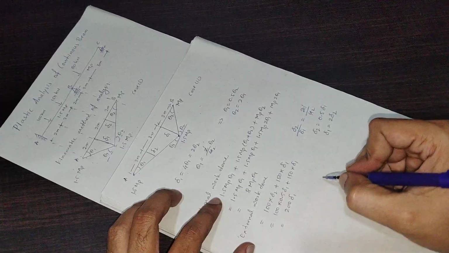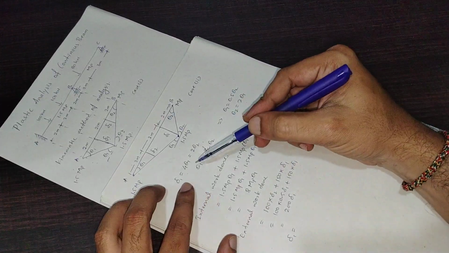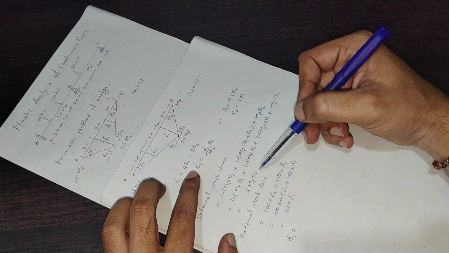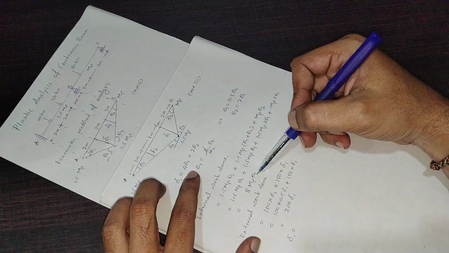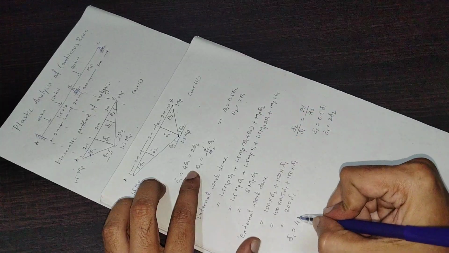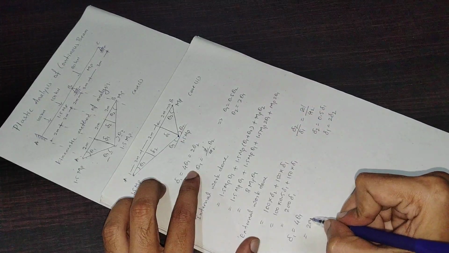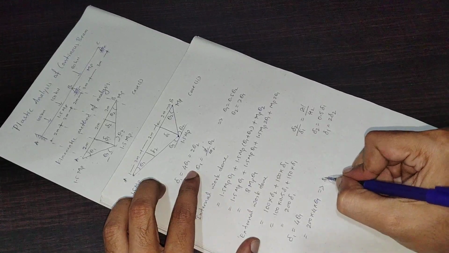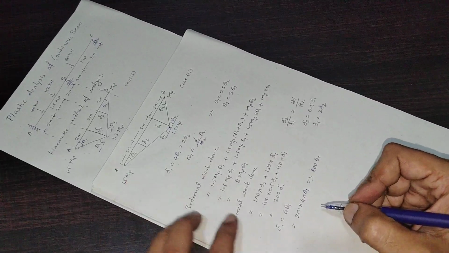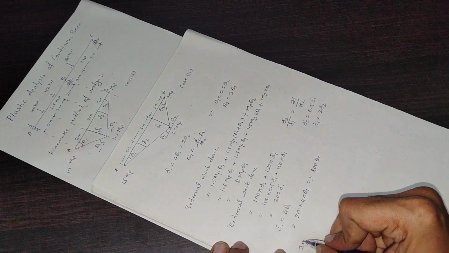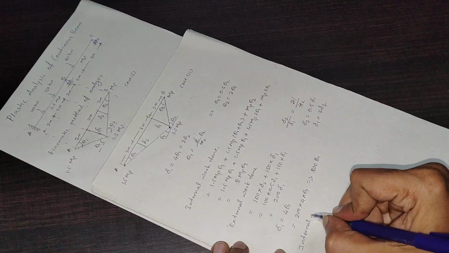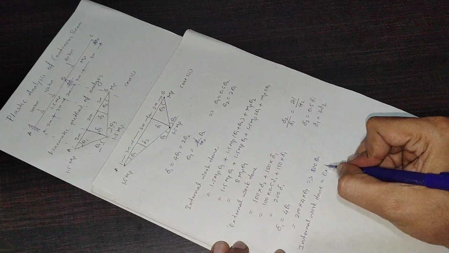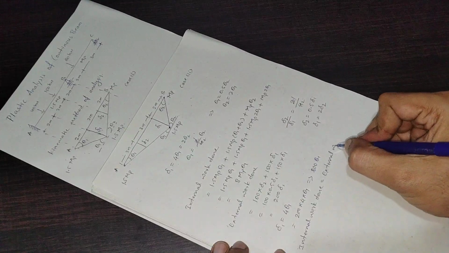So delta 1 can be written as 4 theta 1 or 2 theta 2. Here I consider 4 theta 1 because the internal work done is in terms of theta 1. So 200 into 4 theta 1 is 800 theta 1. Okay, so now equating internal work done equal to external work done.